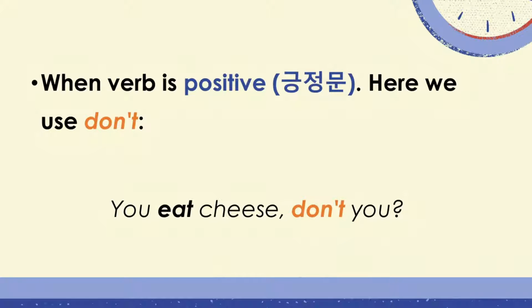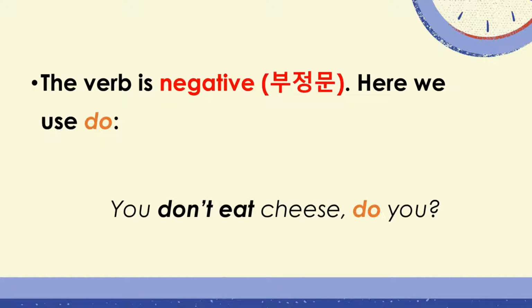Here is some further explanation and another good example. So, when the verb is positive, here we use don't. You eat cheese, don't you? And if the sentence is negative, here we use do.